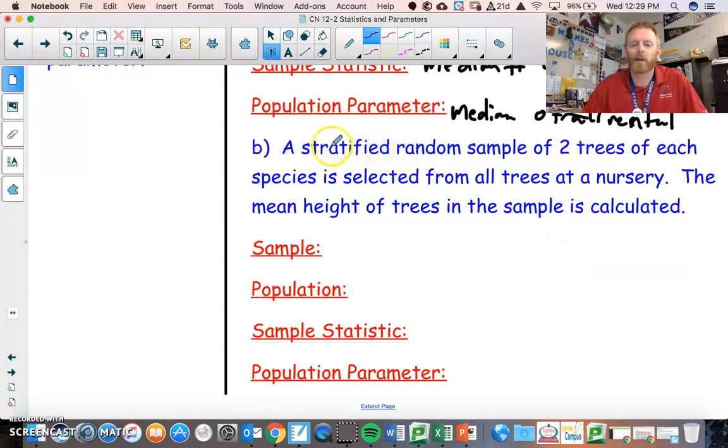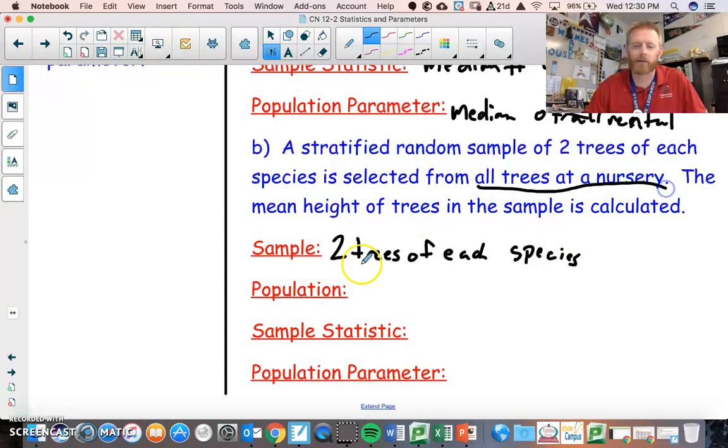So here it is, question B: a stratified random sample of 2 trees of each species. That's my sample, 2 trees of each species. Then the population is selected from all trees at the nursery. So that's my population, all trees. And then the mean height of the trees in the sample is calculated.